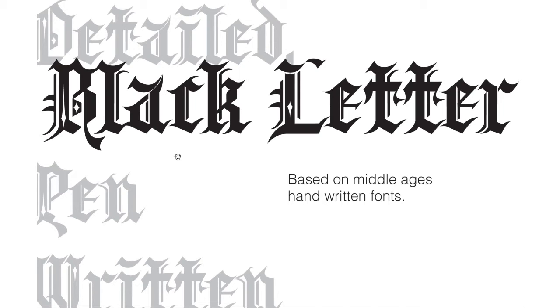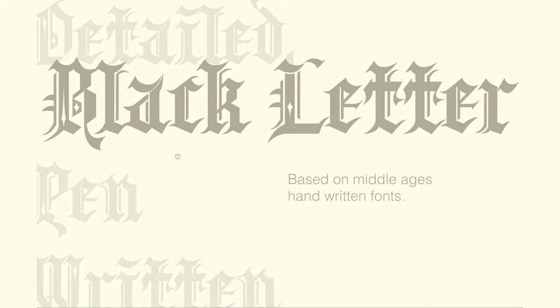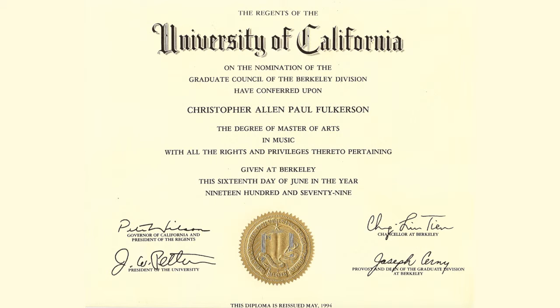Now, black letter, it's based on middle-aged handwritten fonts that, of course, we're all using pen, so you're gonna see that really sharp angle on, if you want to call them the serifs, they're really more of kind of an almost ornamental situation at this point.